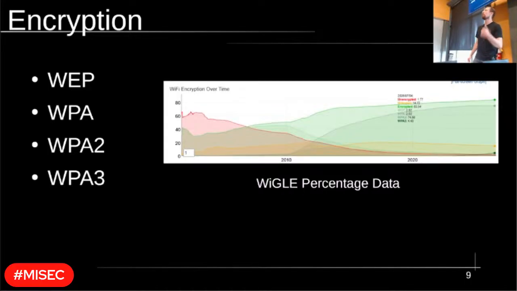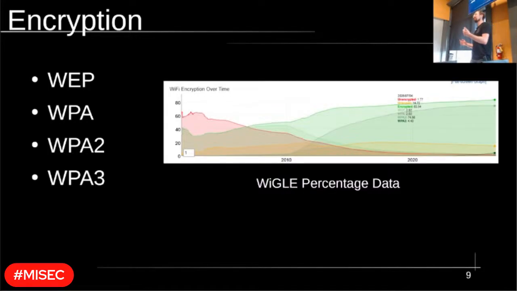After that, in 2003, WPA, or Wi-Fi Protected Access, was ratified, and WPA was much better. It used Temporal Key Integrity Protocol, which basically gives every single packet its own security key. But unfortunately, it was found that it still had a ton of problems.